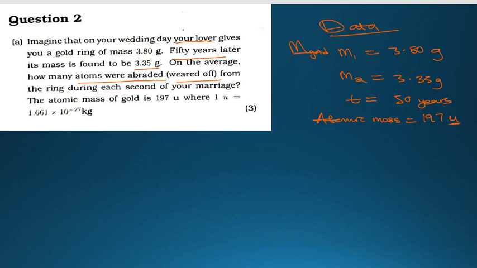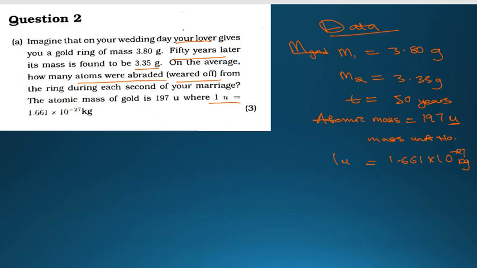This stands for mass unit number, guys. We are also being given that one mass unit number is equal to 1.661 times 10 to the power negative 27 kg.